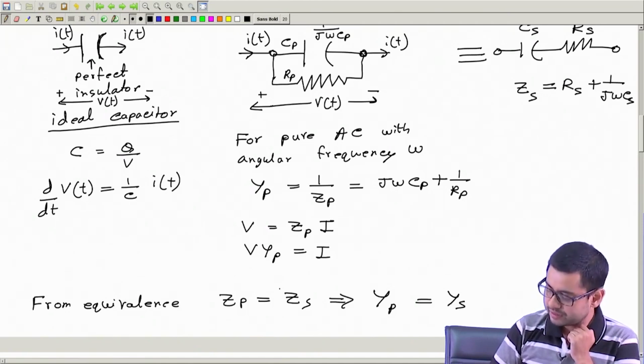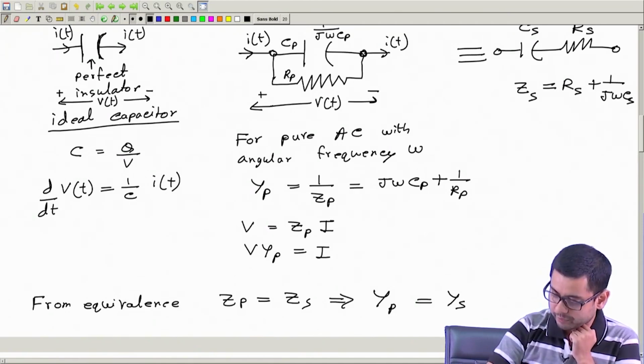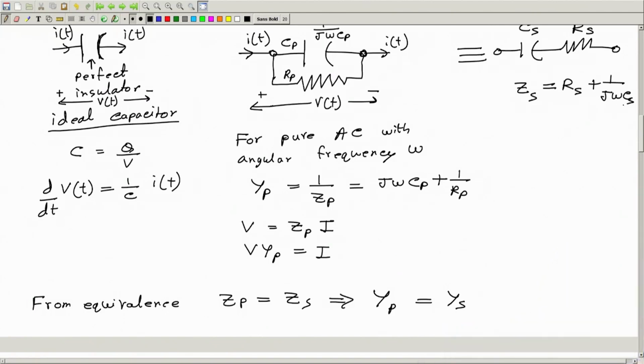Now, given the values of Cp and Rp, we can always find the values of Rs and Cs. Similarly, we can do it the other way: given the values of Rs and Cs, we can find the values of Cp and Rp.